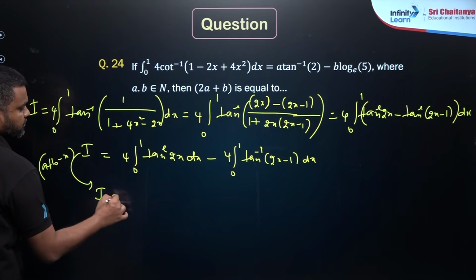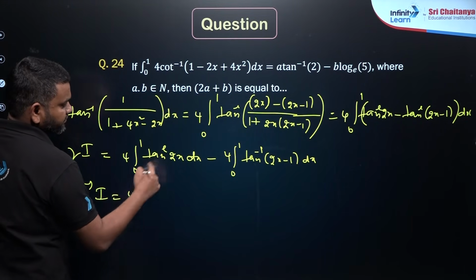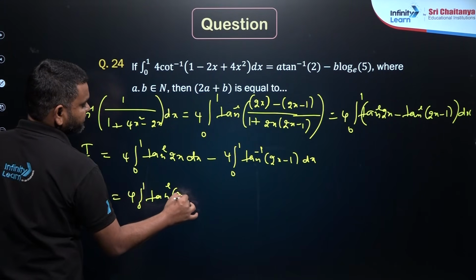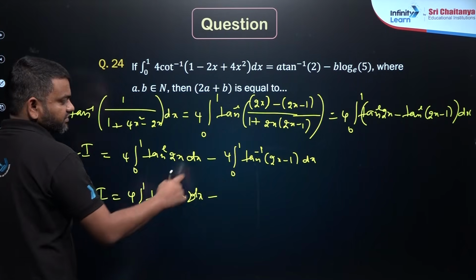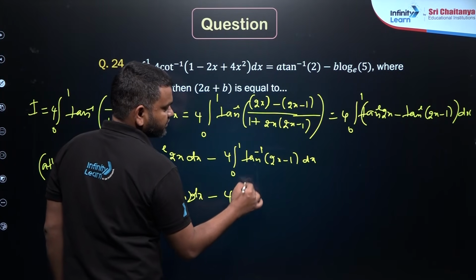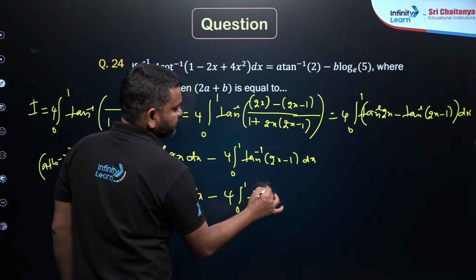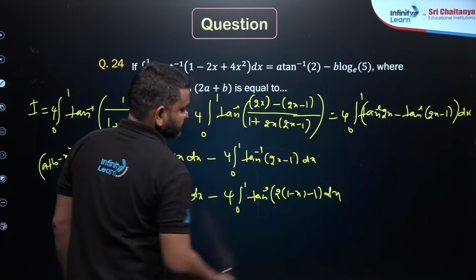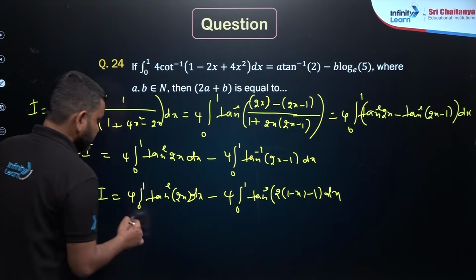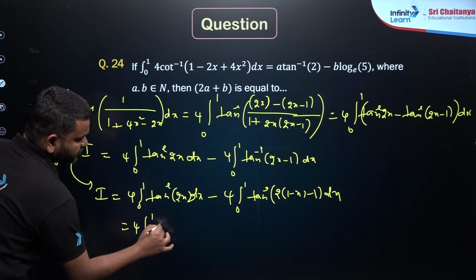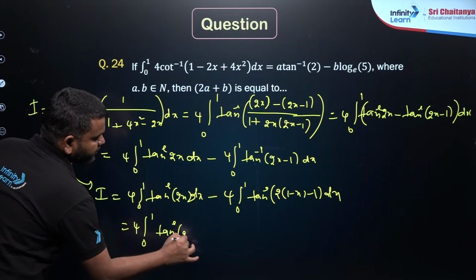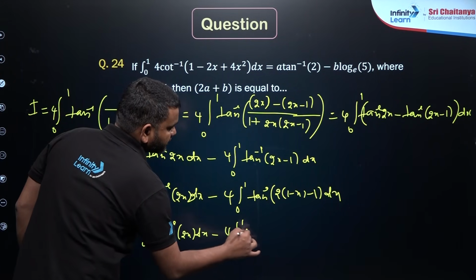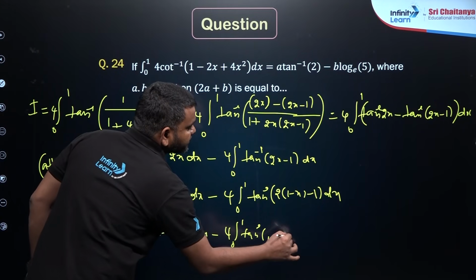here I is equal to 4 times 0 to 1. This is going to be the same. For this I am not going to apply the rule, minus, for this I will apply it, 4 times 0 to 1, tan inverse of 2 times (1 minus x) minus 1 dx. So this is going to give us 4 times 0 to 1 tan inverse of 2x dx minus 4 times 0 to 1 tan inverse of 1 minus 2x dx.